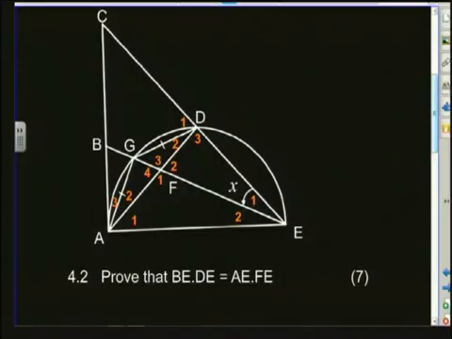Okay, so question 4.2 says, prove that BE times DE is equal to AE times FE. Now let's have a look at which sides these are in the triangles that we've been given. So we have BE, we have DE, AE, and FE.